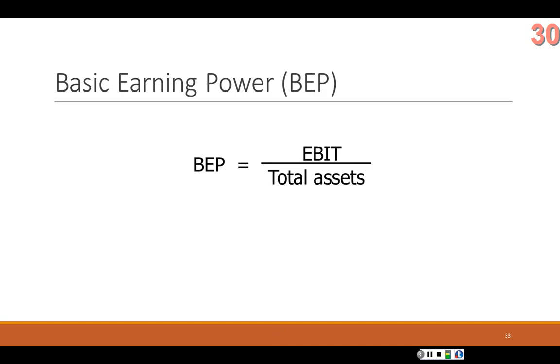Basic earning power is equal to earnings before interest and taxes over total assets. Higher is better. A higher basic earning power means that the firm is more effective at generating income from assets. It allows comparison across companies with different taxes and leverage because it looks at earnings before taxes and interest.